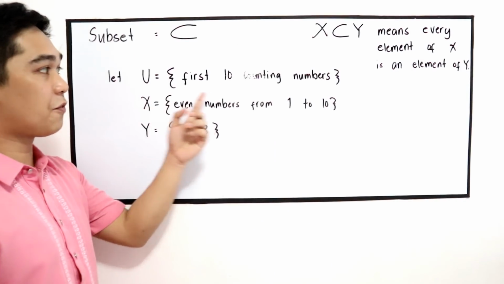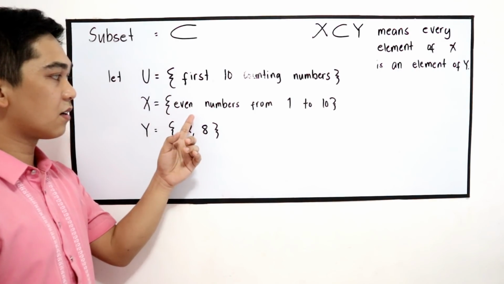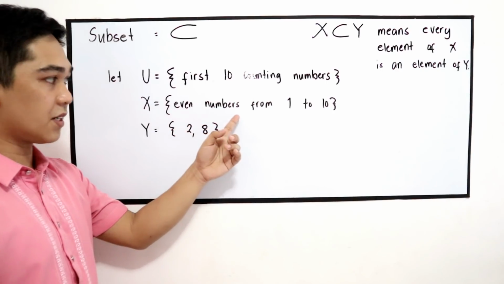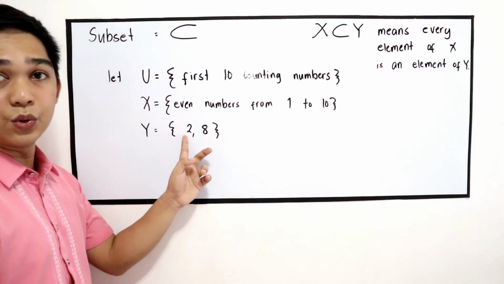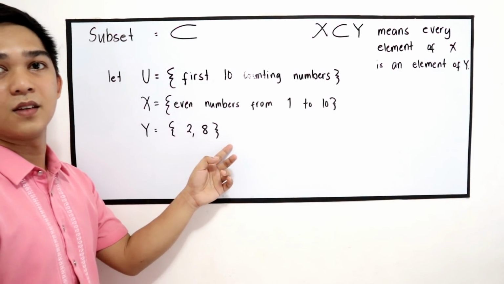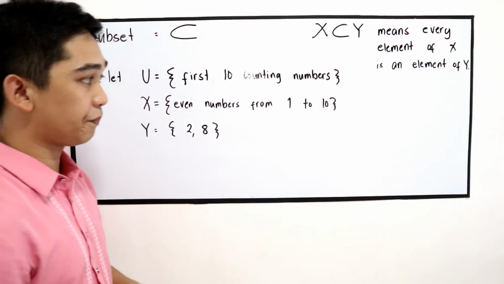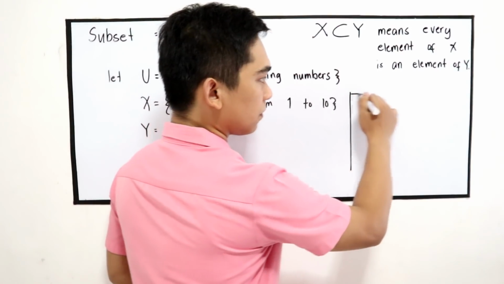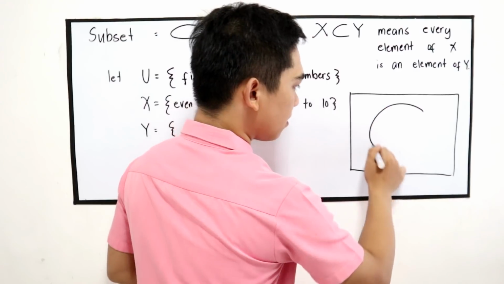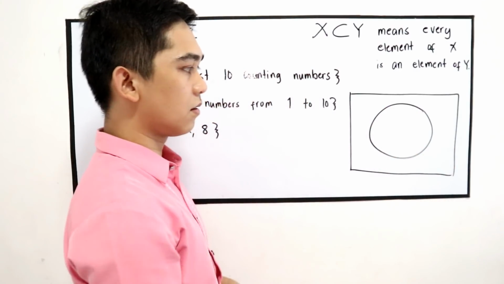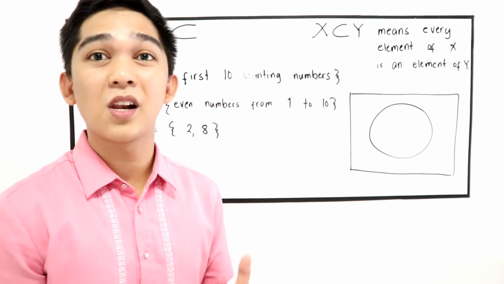Let U be the first 10 counting numbers. X is the even numbers from 1 to 10. Y is 2 and 8. First, let us draw using the Venn diagram. From the definition, a subset is part of a larger set.